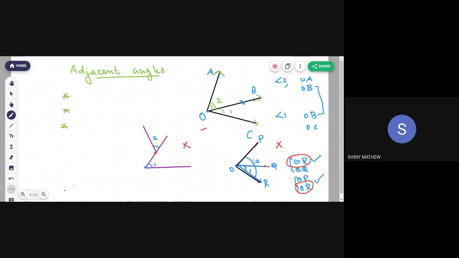All of you clear this all? Yes, miss. Okay, so we can write. Now only you start to write. All of you write the heading adjacent angles, and below you can draw this figure. ഈ ഫിഗർ മാത്രം വരച്ചാൽ മതി. Okay, then give the name of arms as OA, OB, OC, and the angle 1 and 2 you mark.